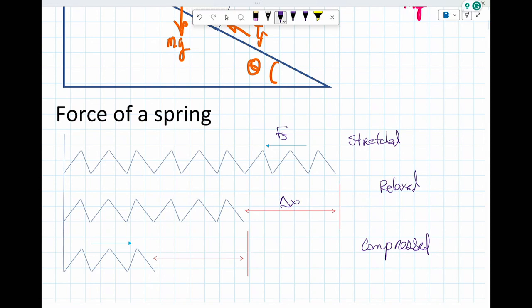So it starts here and it will have a force trying to drive it back to this. Now, if I compress the spring by delta x, I'll have a force of the spring, which is like this. And it will try to stretch the spring back into its relaxed position.